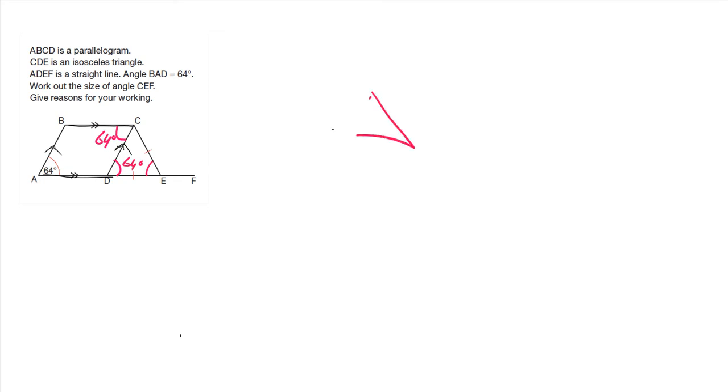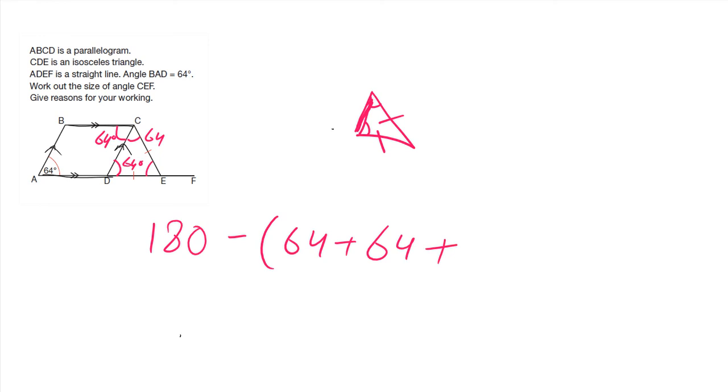And you know that this triangle is isosceles, so these two angles will be equal to each other, so this will also be equal to 64 degrees. So we know about two of the angles, and we know the whole sum of a triangle. Let's write E equals to 0, and through the whole procedure you will take out the value of E. When you add up together and move some of the values to the other side, you will get your answer.